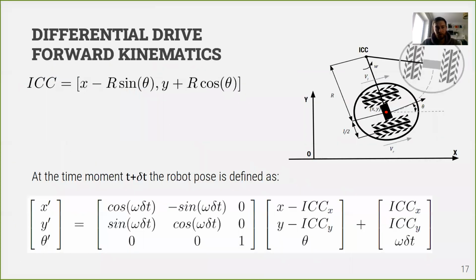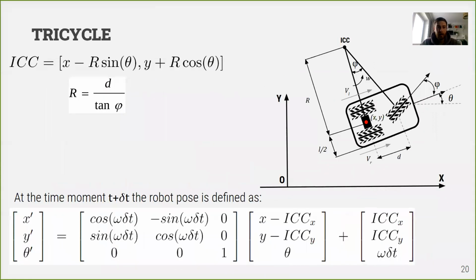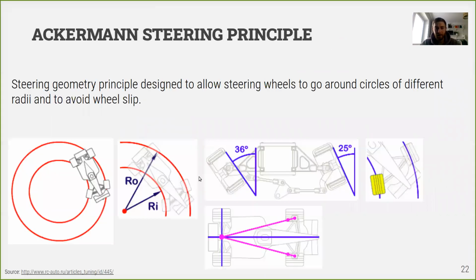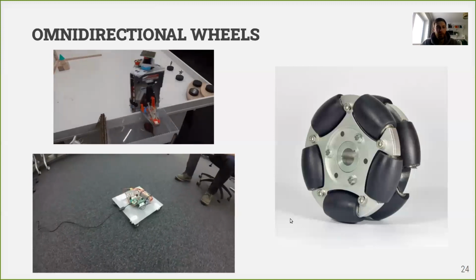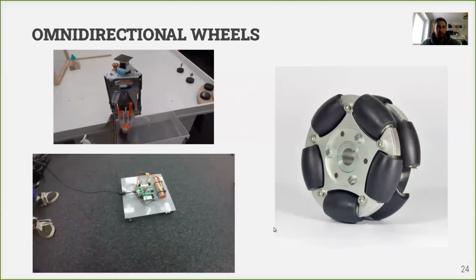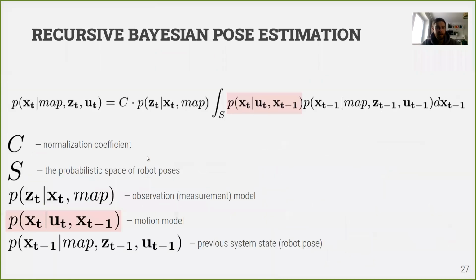So there is differential drive, tricycle, and also Ackermann kinematics, the Ackermann steering principle, which is used in cars, and car kinematics is usually substituted with a tricycle, or an even simpler bicycle model, where we also substitute the two wheels of the rear axle with one wheel in the middle. You also need to know that there are omnidirectional and mecanum wheels. And basically that's it. That's a short overview of different types of kinematics of wheeled robots.